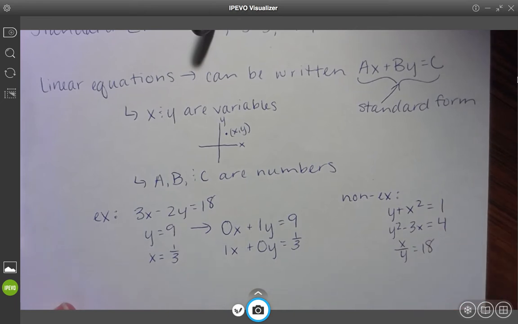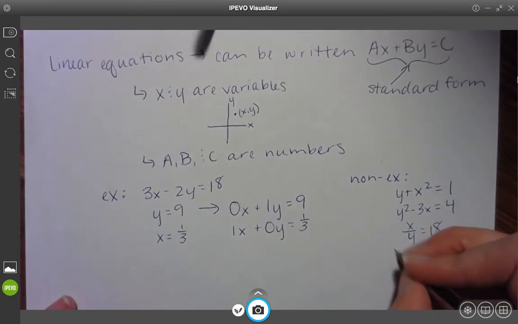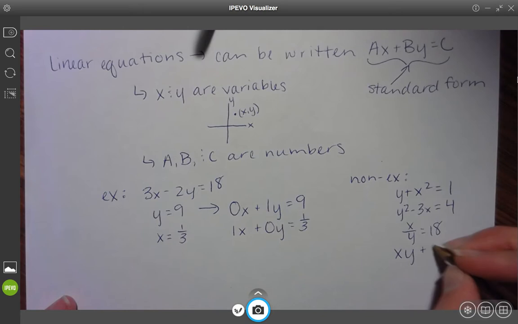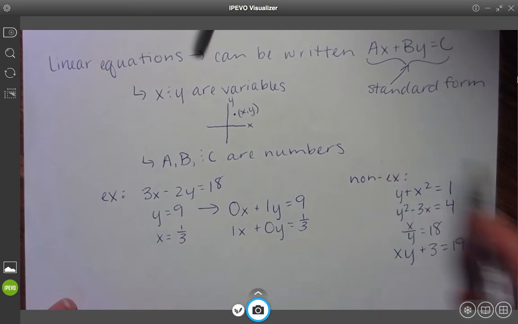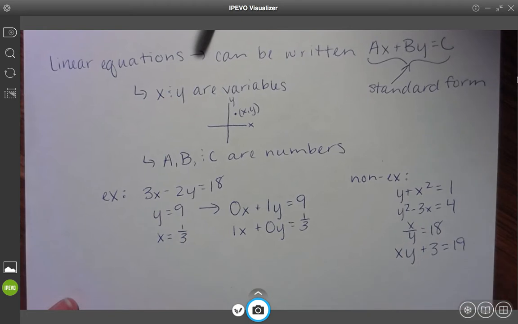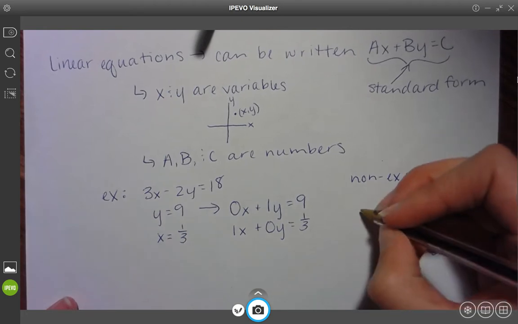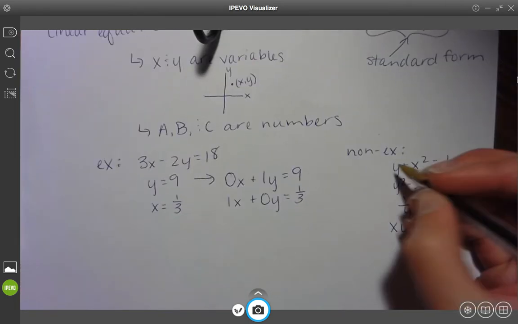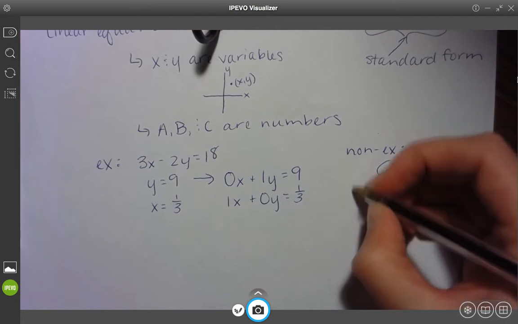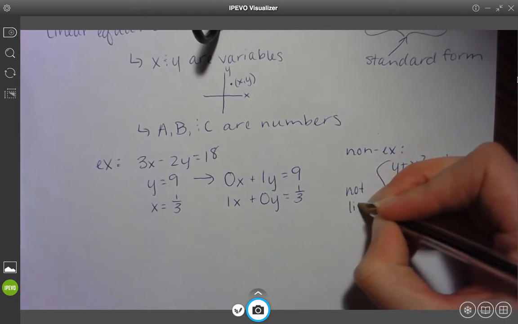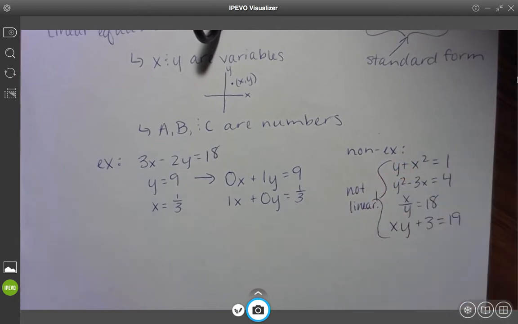You're not going to divide your variables. You will not multiply your variables. These are all non-examples. These are not linear. Let's write that in here to clarify that.